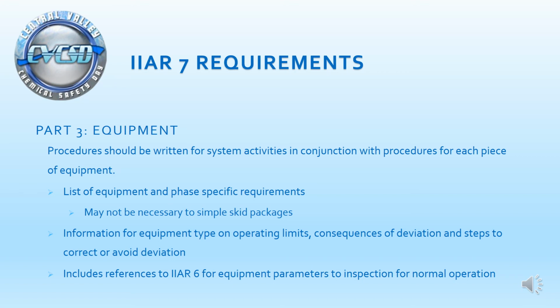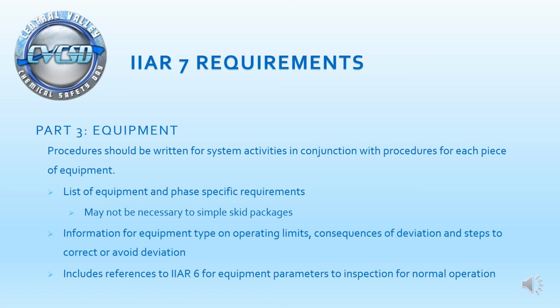So there are some options with how they are developed. More of this is explained in the appendix than is in the text of the equipment part 3 section. But it does list equipment and phase specific requirements.